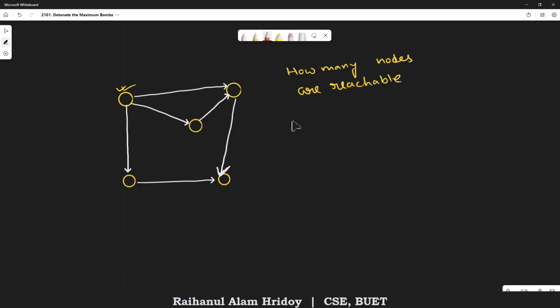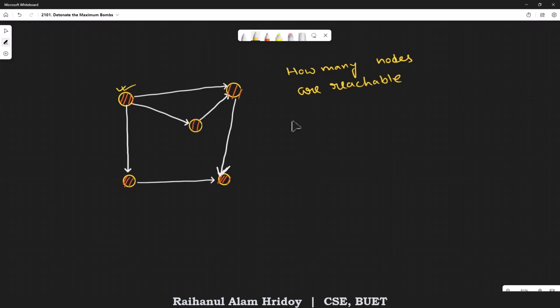So we are first starting from here. From here we can reach this node, and this node, and also this node, and as we have reached this node, we can also reach this one. So all of the nodes are reachable.